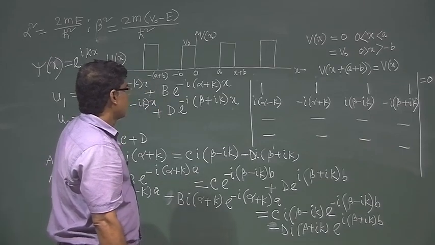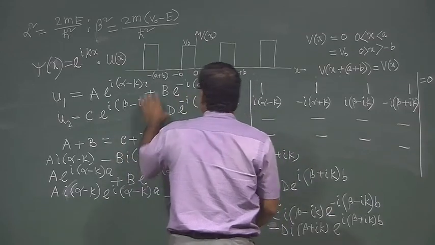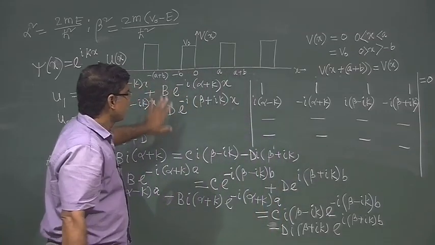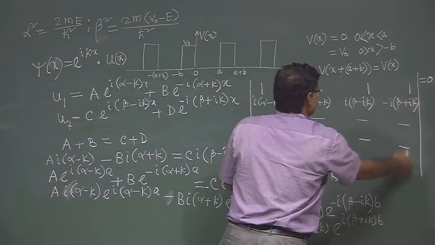So the condition for solving these equations and getting a meaningful non-vanishing solution is that this determinant has to be 0.